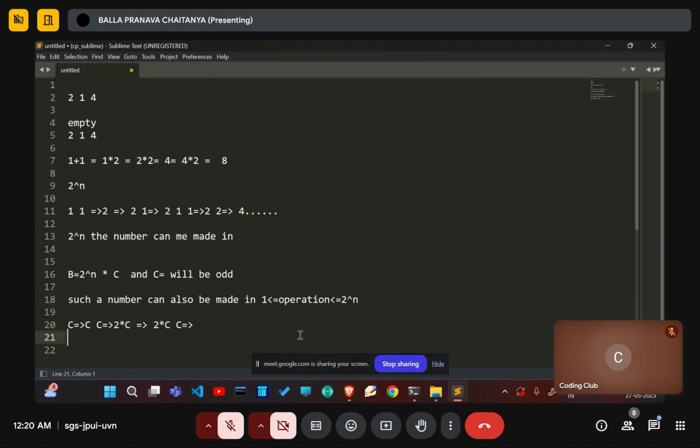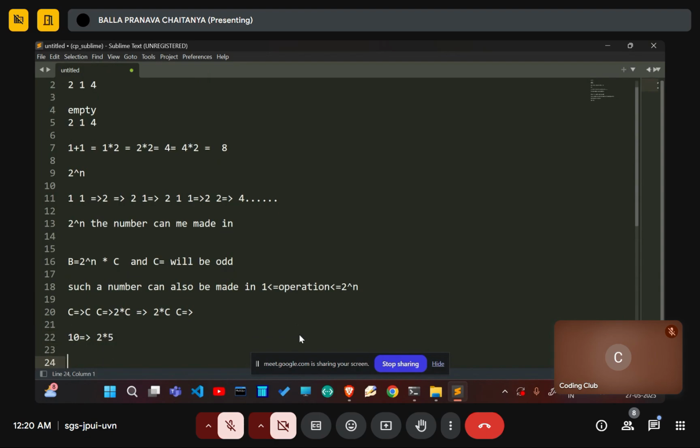So suppose we have 10. Let's take an example of 10. How can 10 be written as 2 times 5? This is clear, right? Simple. So now you want to make 10. How many maximum operations can we use? The maximum operations is, we'll start by pushing 5 into the array.